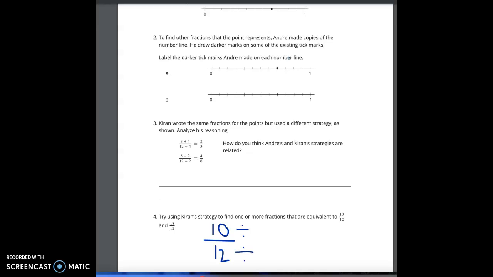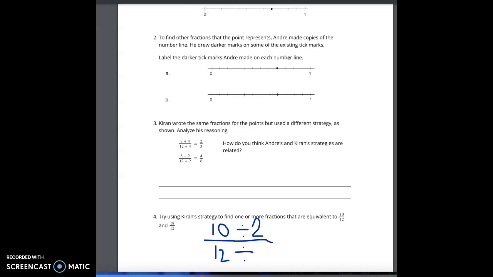So let's think about this. When I'm thinking of factors that make up 10, I can think of 2 times 5 and 1 times 10. When I think of 12, I can think of 1 times 12. I can think of 2 times 6. I can think of 3 times 4. Well, the only factor that's really in common is the 2.